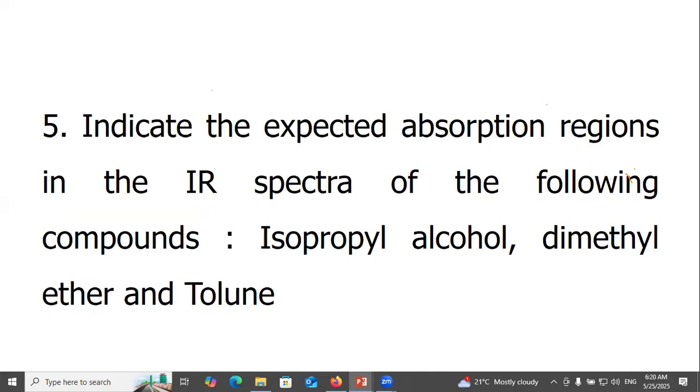Question number 5. Indicate the expected absorption regions in the IR spectra of the following compounds: isopropyl alcohol, dimethyl ether, and toluene.